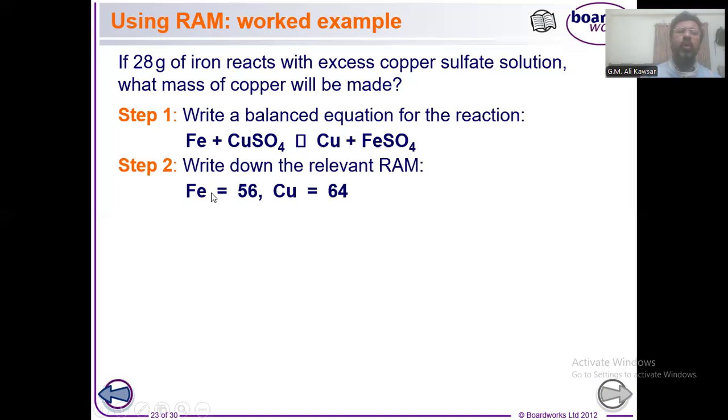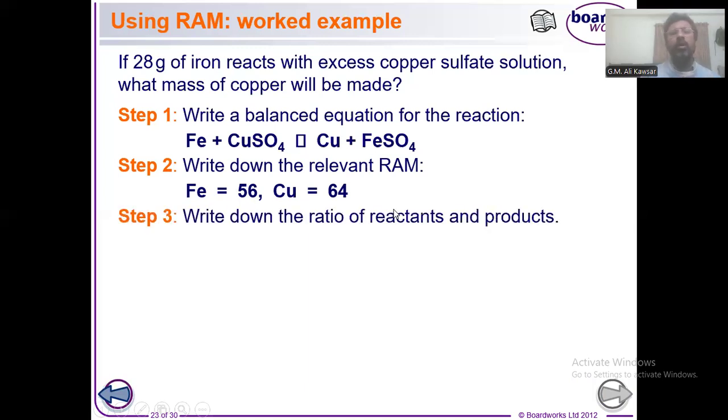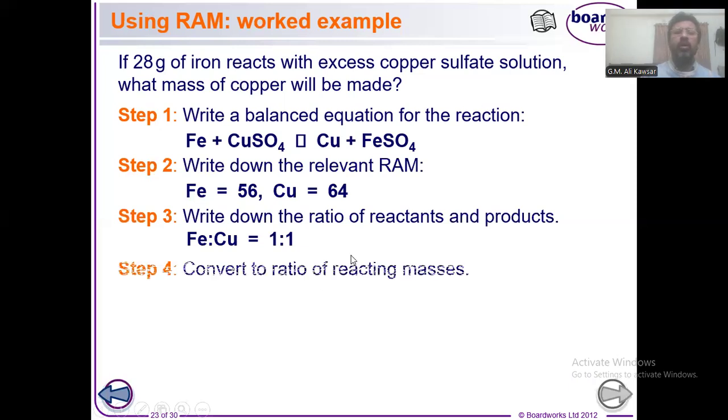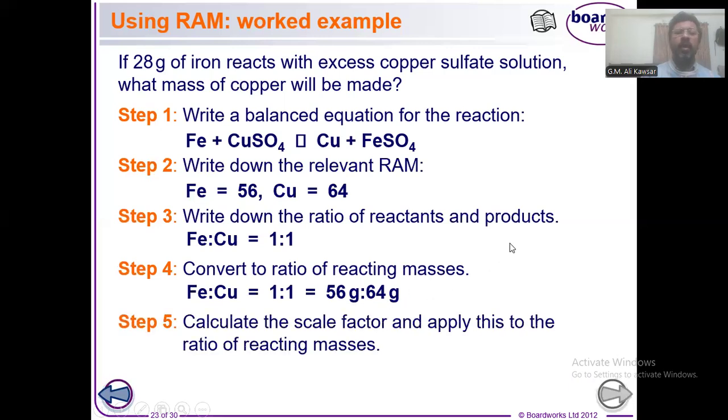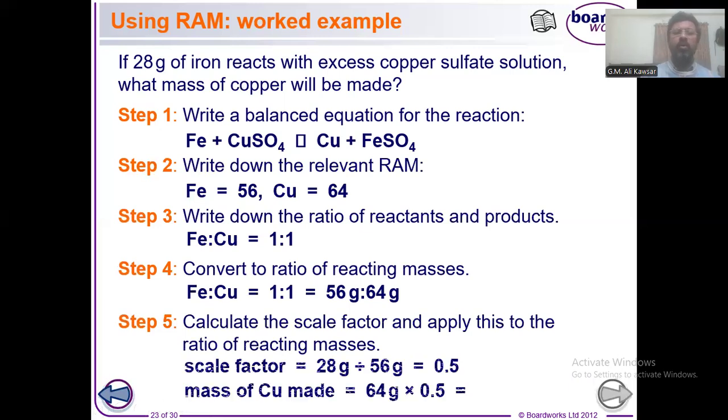For calculating mole, we need the relative atomic mass, which is available in the periodic table. Iron is to copper is 1:1 according to the equation given. Here the relative atomic mass of iron is 56 and copper is 64.